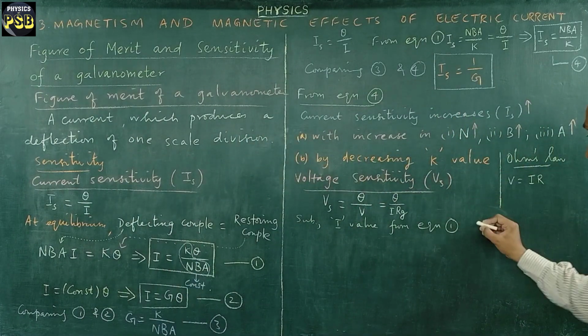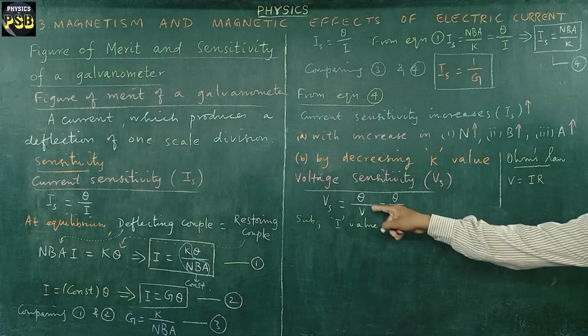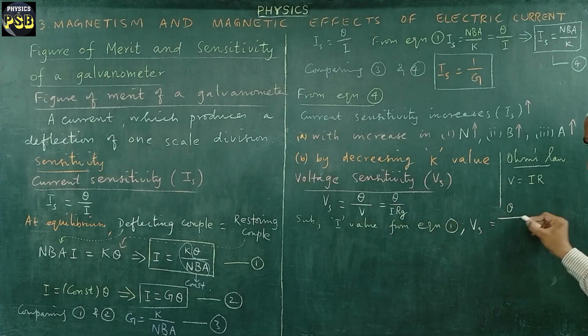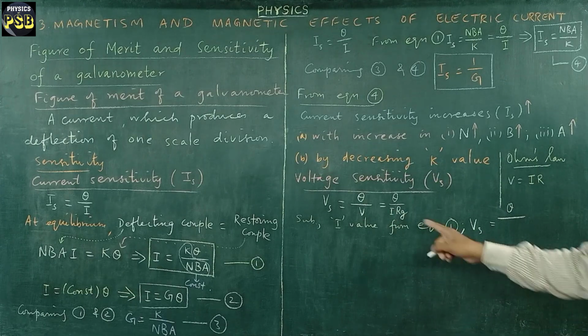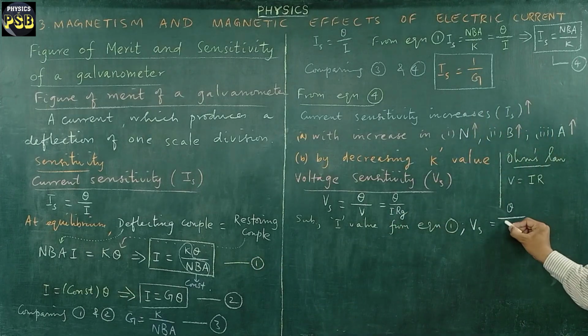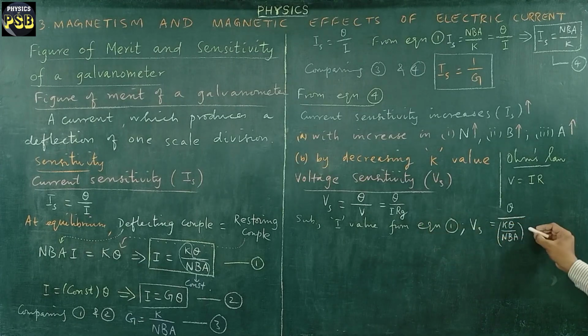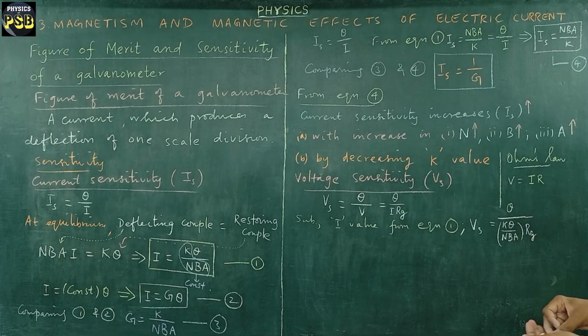Vs is going to be equal to theta upon, in the place of I I write K theta upon NBA, multiplied with Rg. Here, this theta and this theta will cancel.